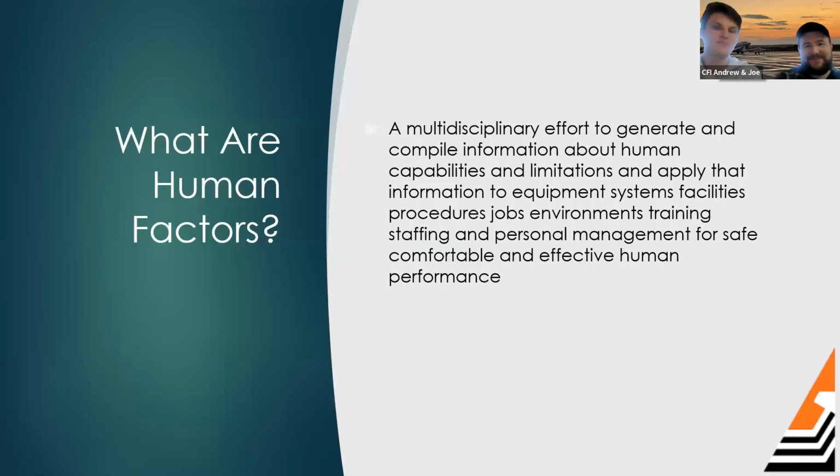All right. So what are human factors, right? The FAA defines it as a multidisciplinary effort to generate and compile information about human capabilities and limitations and apply that information to equipment, systems, facilities, procedures, jobs, environments, training, staffing, and personnel management for safe, comfortable, and effective human performance.